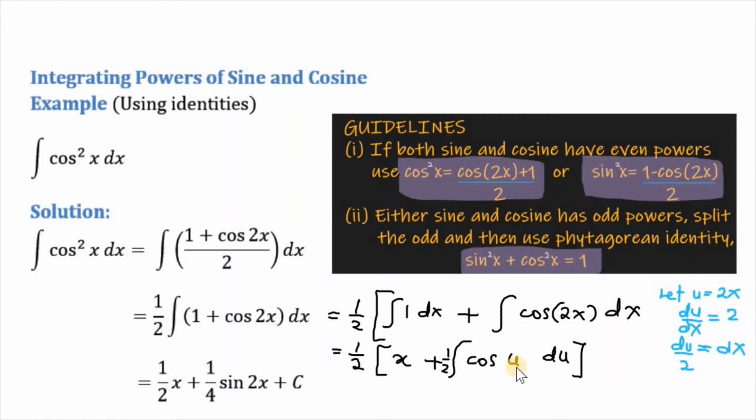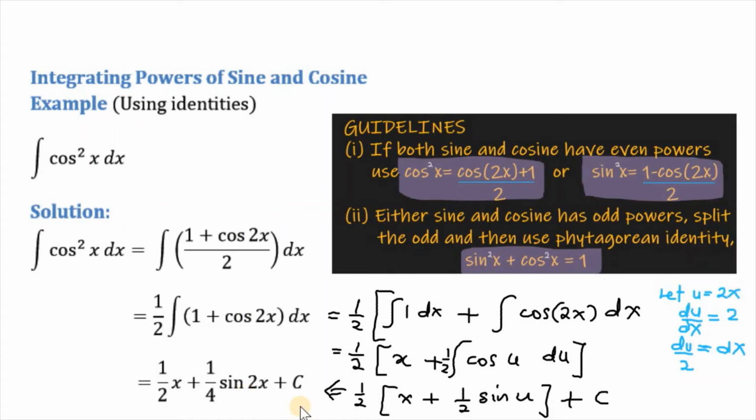The integral of cosine is given to us in our formula list. So here again, x plus 1 on 2. Look into your formula list. The integral of cosine u is sine u, and u we replace back later. So as we expand it, it becomes 1 on 2x plus 1 on 2 times 1 on 2, which is 1 on 4, sine u.